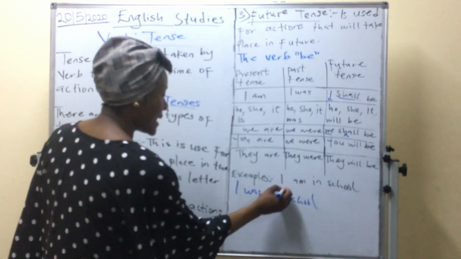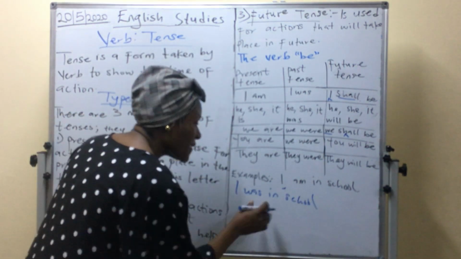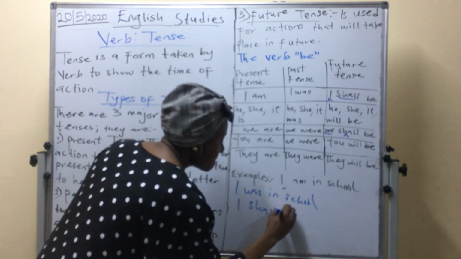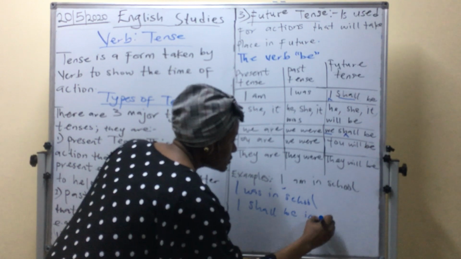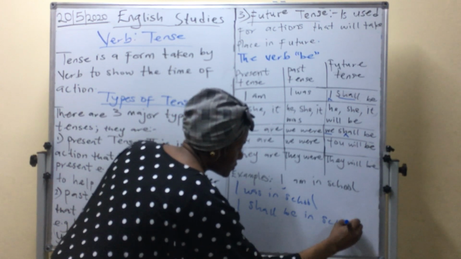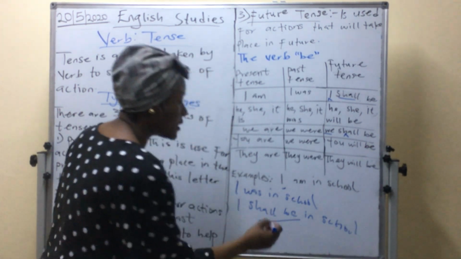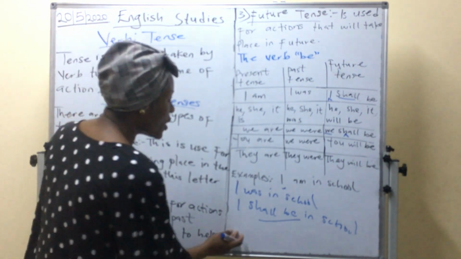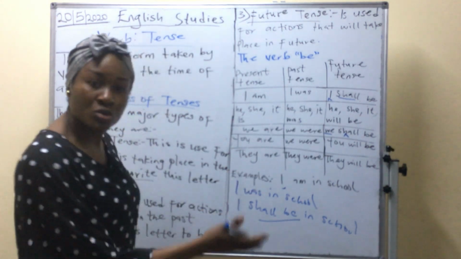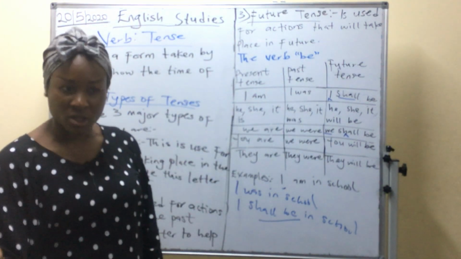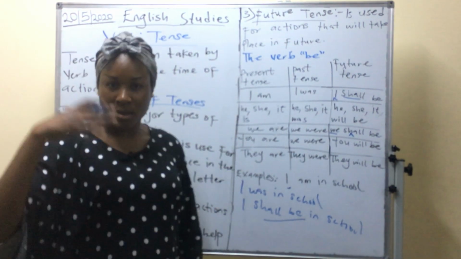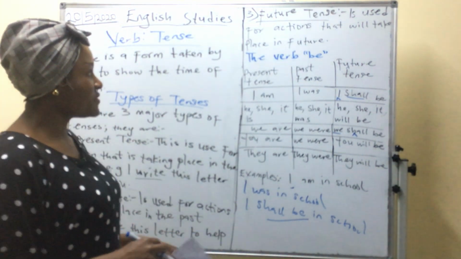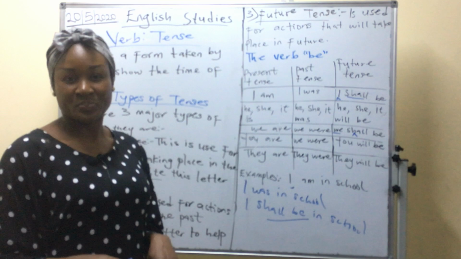If I want to change it further to future tense, I will say, I shall be in school. You see my shall be. Then if I'm using you, you are in school. You will be in school, future tense. You were in school.